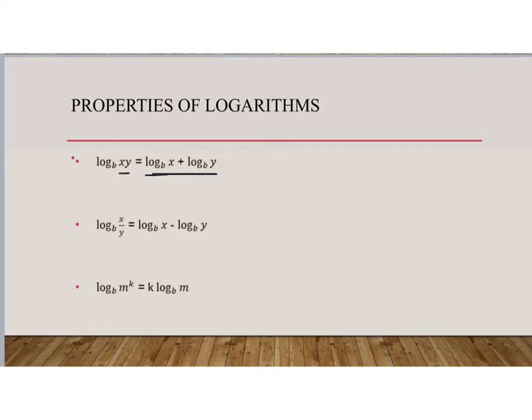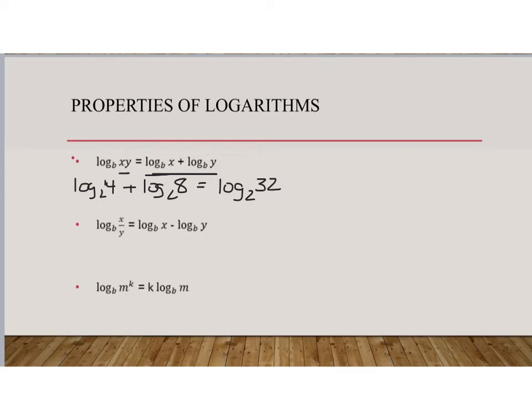When we're adding the logs, we can combine and multiply. So for example, if I've got log base 2 of 4 plus the log base 2 of 8, this could be combined into the log base 2 of 32. Combine them and multiply.